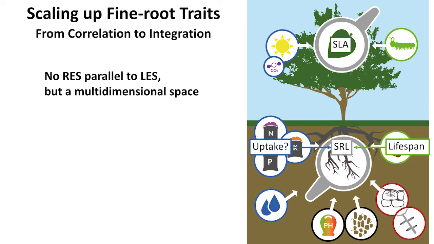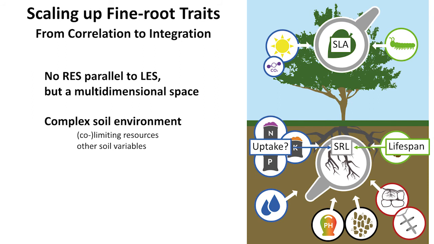However, the other side of the story is that a high specific root length has not been clearly related to an increase in uptake rates, especially not across tree species in the field. And this is probably not only due to a lack of data and the difficulties of measuring these traits, but as I've indicated before, it might also result from the complexity of the soil environment.